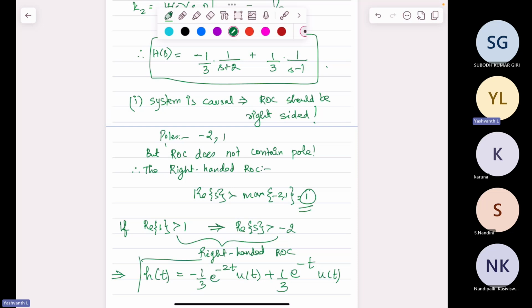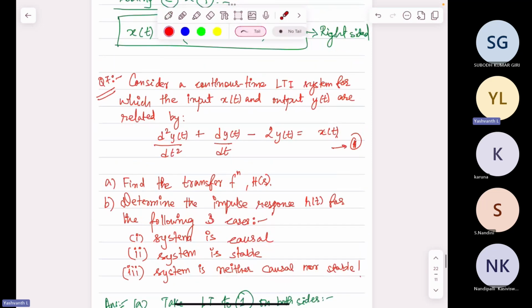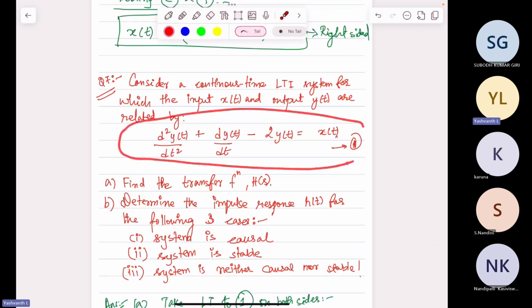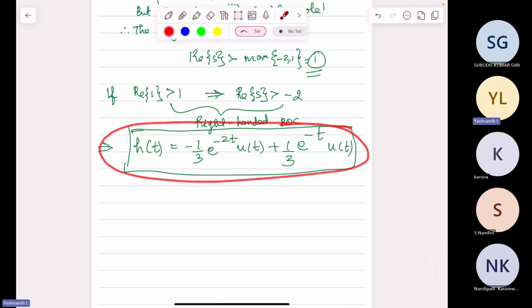So this is the impulse response of the system which is governed by this differential equation and will be causal if the impulse response is given by this expression.